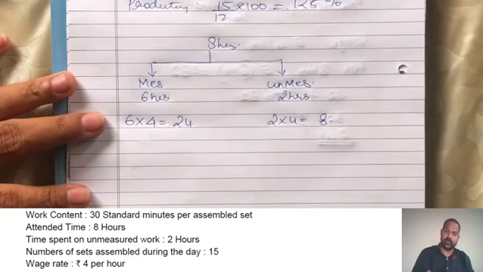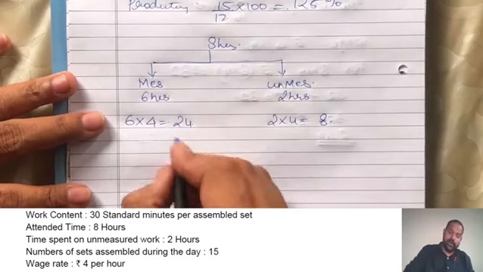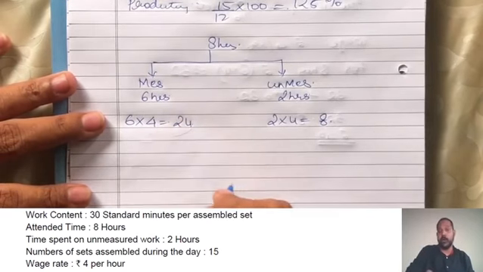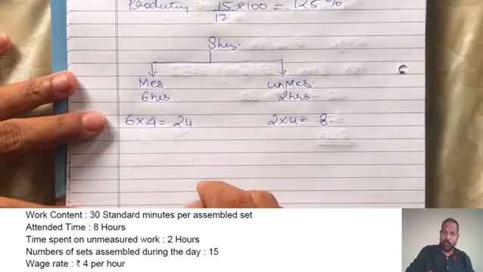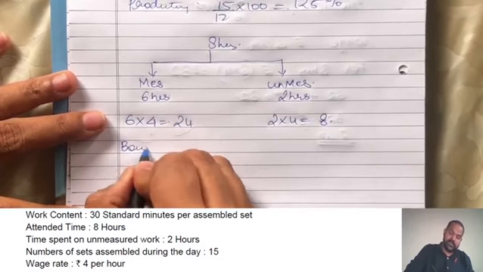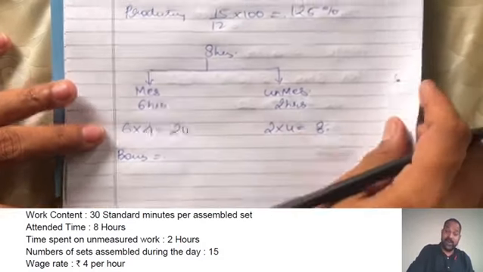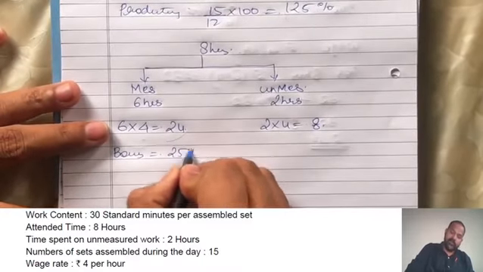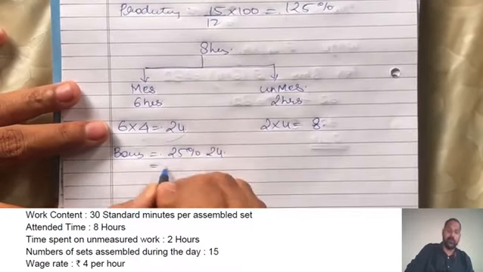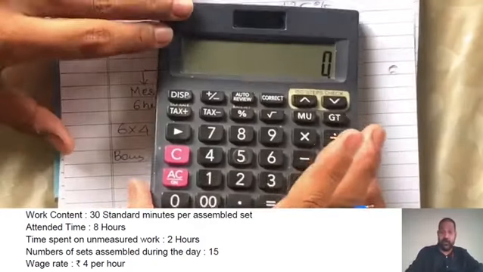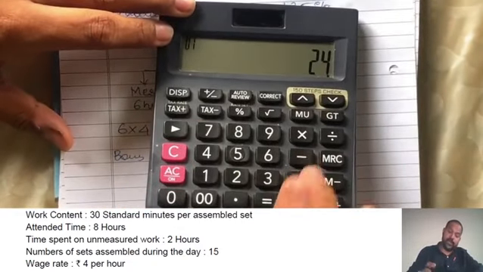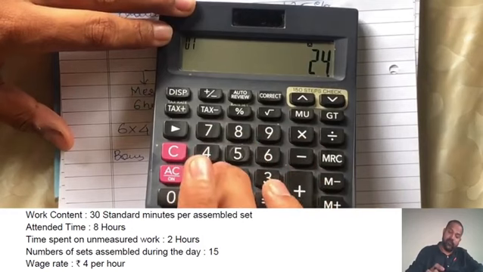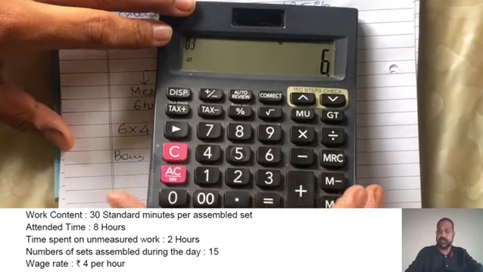Because I have to give a bonus. And the bonus will only be given on the 24 rupees. How will you give a bonus? You will say bonus is 25% over the 100. So bonus is 25% of 24. What is 25% of 24? Well, 25% of 24 is 6 rupees.